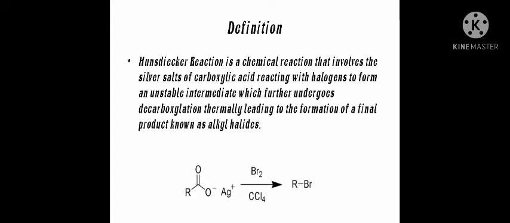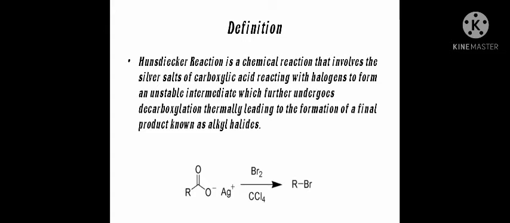This is the simplest definition, which means the silver salt of carboxylic acid reacts with a halogen to form an unstable intermediate, which further undergoes decarboxylation thermally, leading to formation of the alkyl halide as the final product.